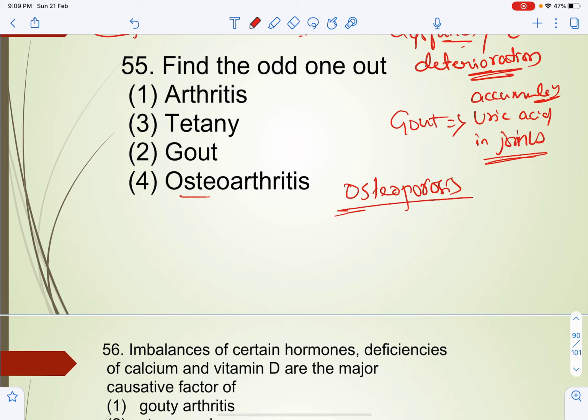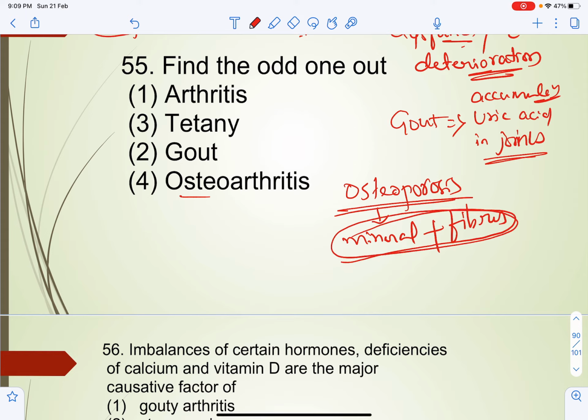Osteoporosis is mainly due to the bone losing both minerals and fibers from its matrix, a deficiency of minerals and fibers. That leads to decreased bone mass.